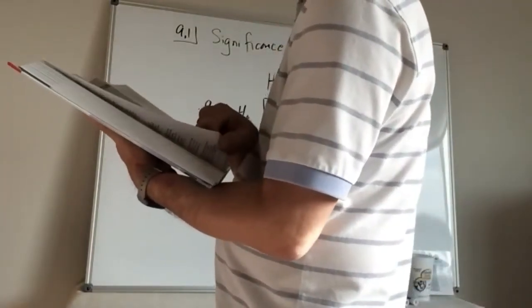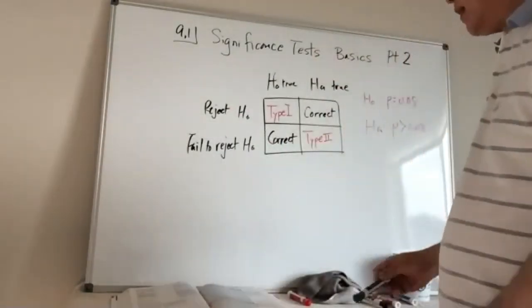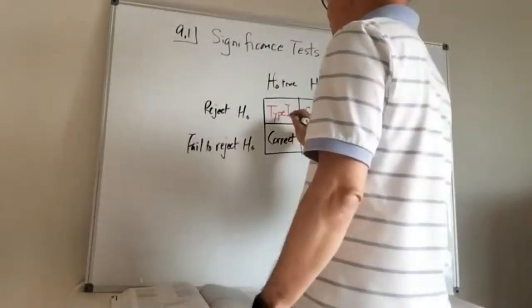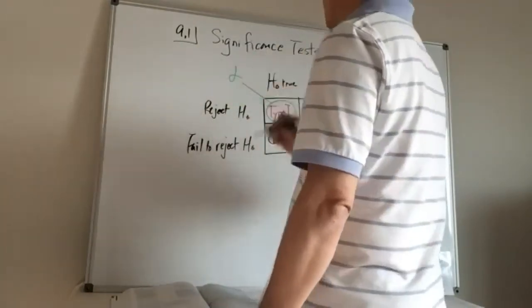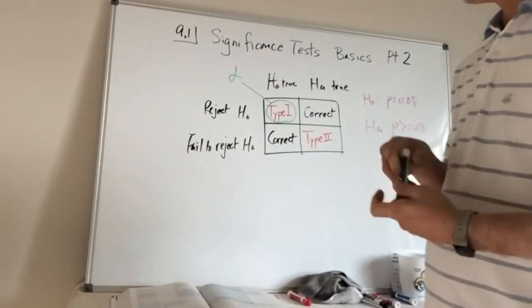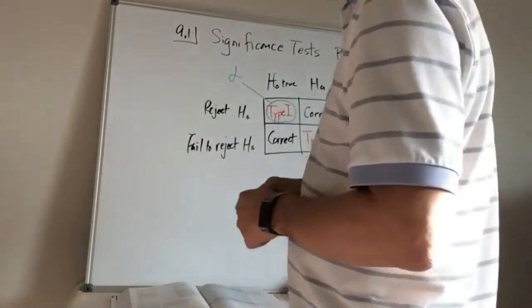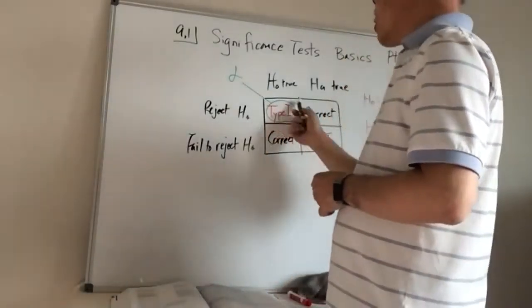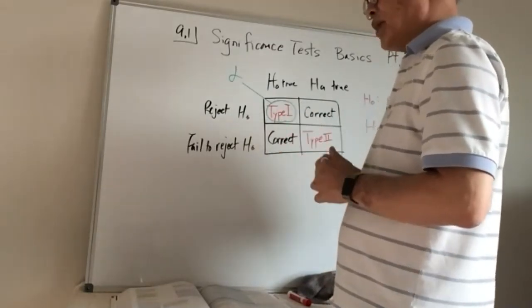Another thing you need to know here is that the probability of a type 1 error turns out to be the same as your alpha value. So the larger the significance level, the larger the probability of having a type 1 error.